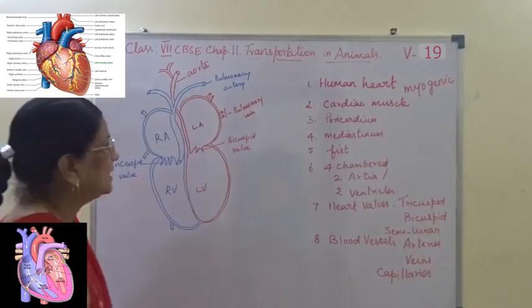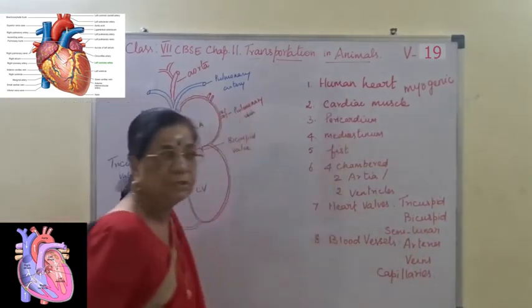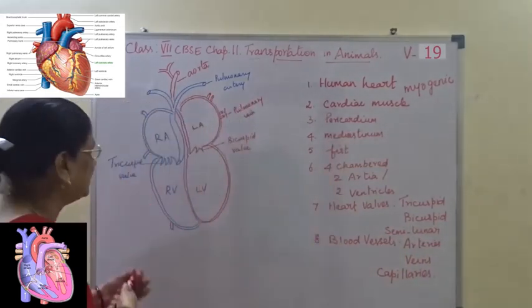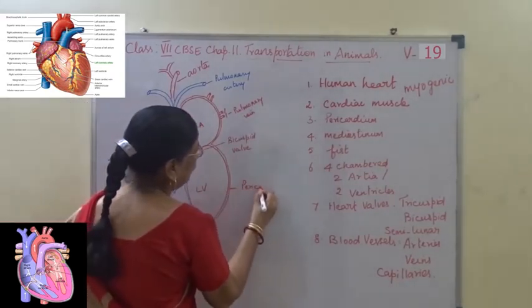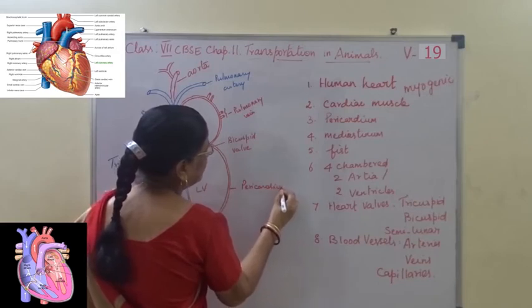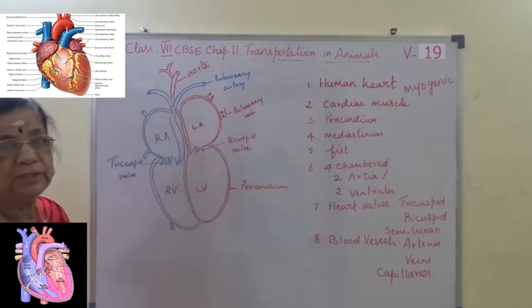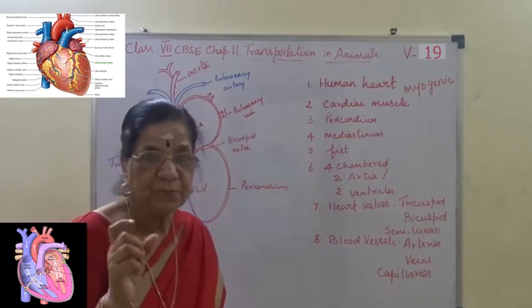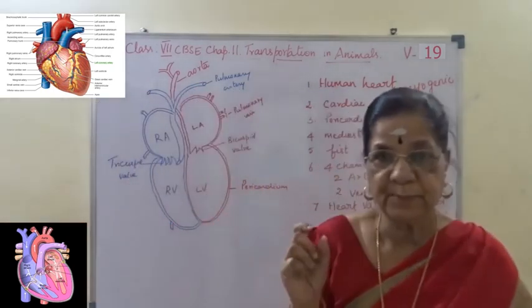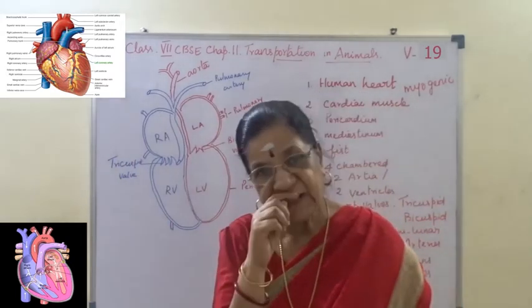Then the heart is covered by two layers called the pericardium. The heart is covered by a two-layered pericardium, and the space between the two layers of the pericardium is not empty.